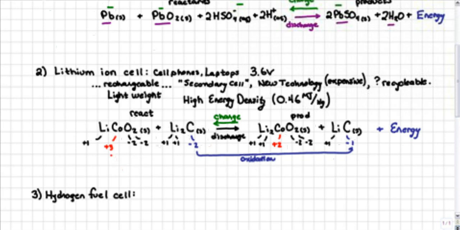The other change that takes place is that the cobalt starts out with a +3 and winds up with a +2. This process is reduction, and the cobalt is reduced. And really, how does this change take place?